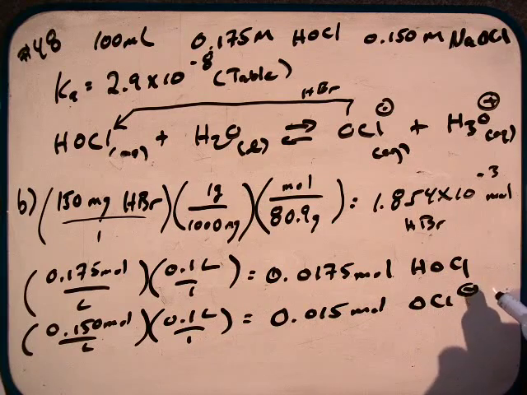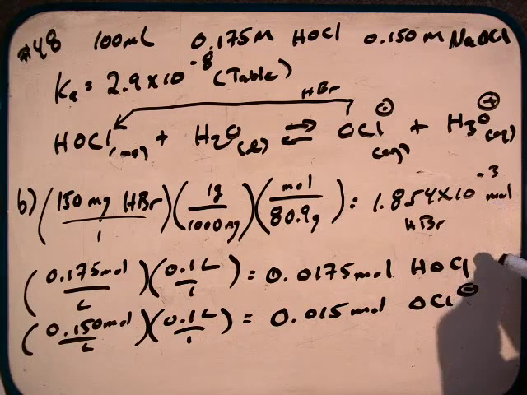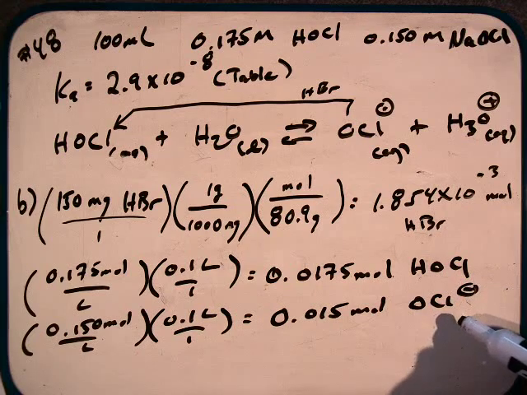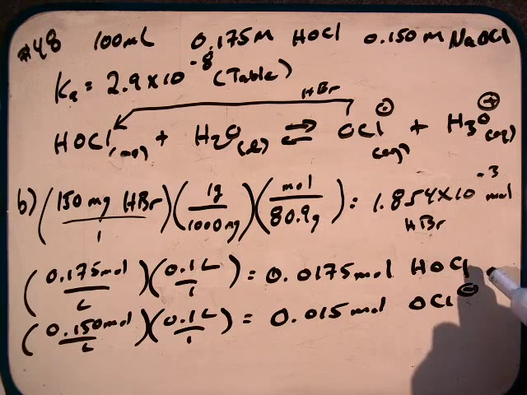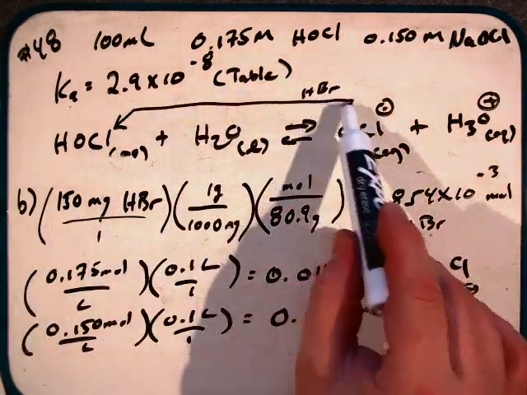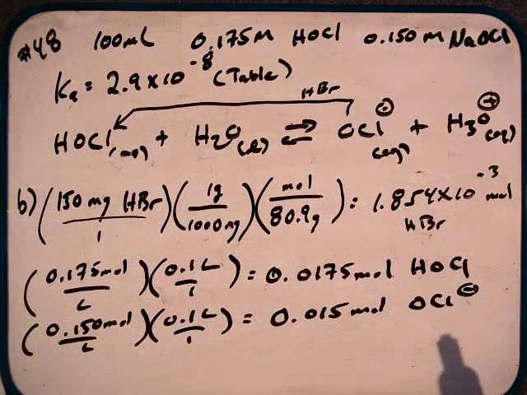So these are the initial mole values, but again, this addition is going to affect those. So it's going to affect it by reducing the amount of moles of OCl and increasing the amount of moles of HOCl. Again, that's because OCl is becoming protonated by the addition of HBr to form more HOCl.